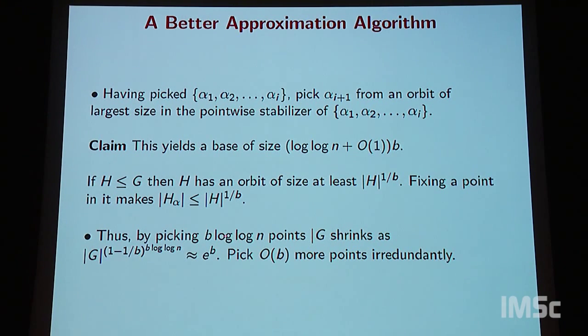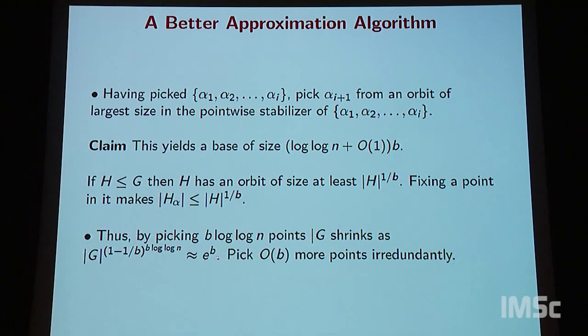So by picking greedily from the largest orbit, if I pick B log n points, then every time I shrink by, in the exponent, a 1 minus 1 by B factor comes into the exponent. So by the time I pick B log n many elements, replacing G by at most n to the B, this becomes e to the B. So my group shrinks to size e to the B when I greedily pick from the largest orbit every time.